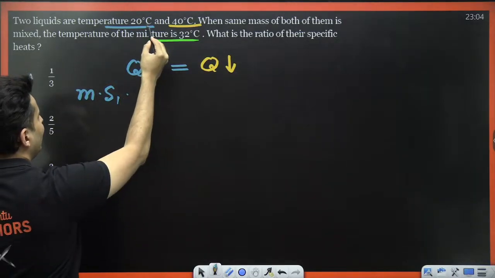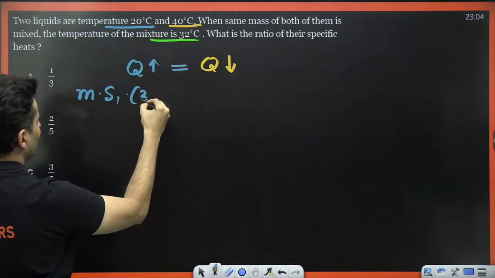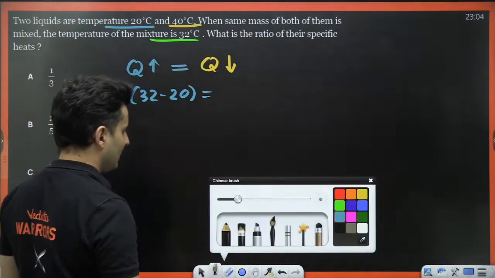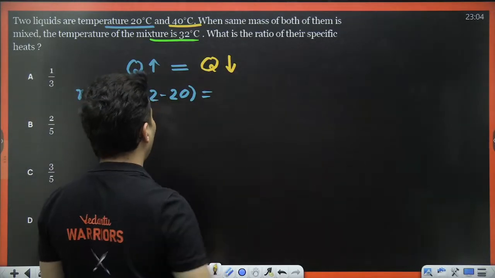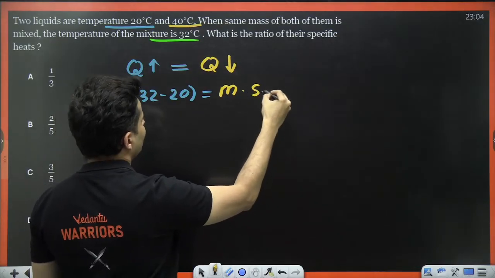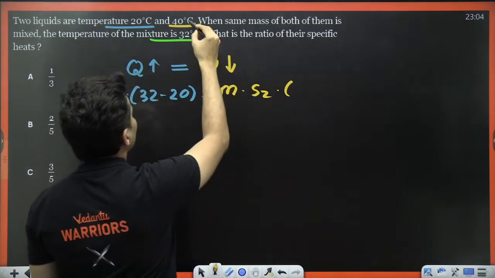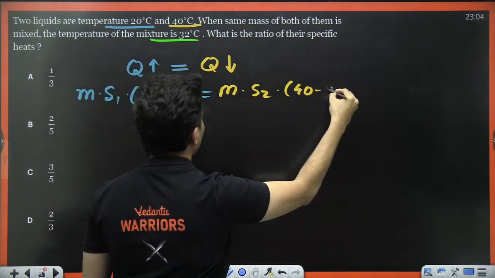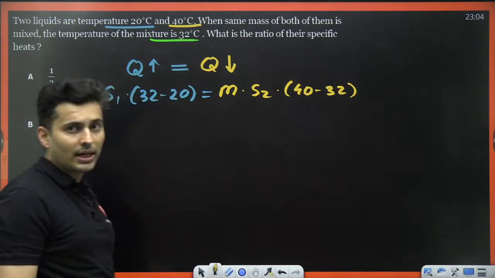It was at 20 and went to 32, so delta T is 32 minus 20. For the hot body, Q is again m s delta T, mass is the same, specific heat is S2, and delta T is 40 minus 32. Don't put 32 minus 40, or else you'll get a negative answer and negative marks.